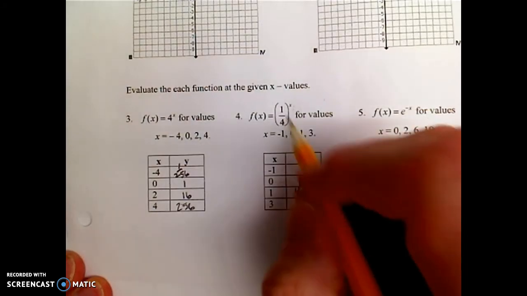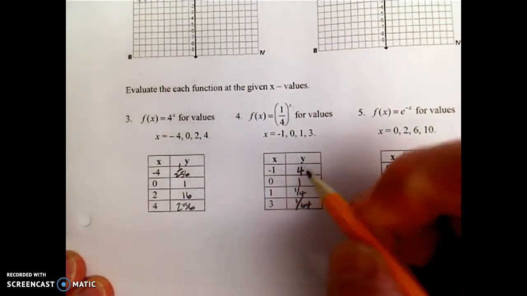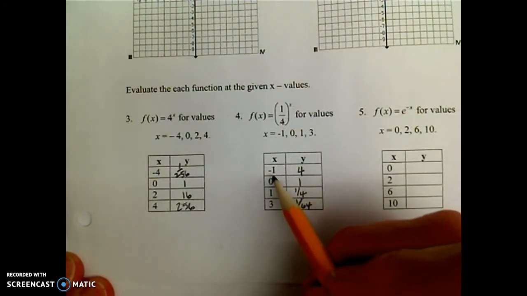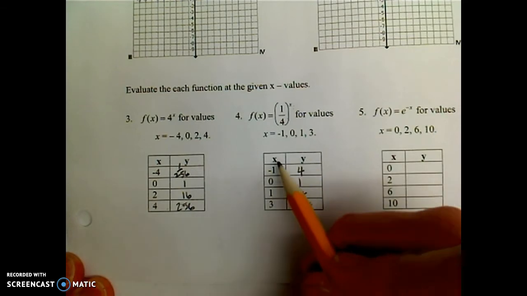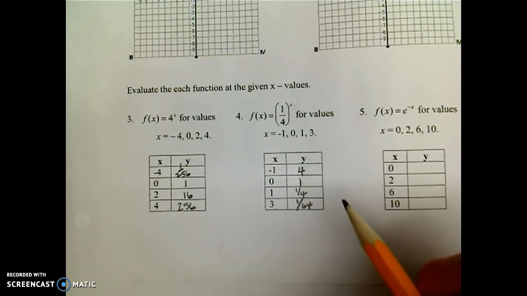And to the negative 1 power, that's the inverse of this. Remember, that's what reciprocal means. So 1/4 to the negative 1 is 4. So you can see as this exponent value is larger, more negative, the y value gets larger. As x is a higher positive number, this value gets closer and closer and closer to the x-axis. Let's take a look at a different one.